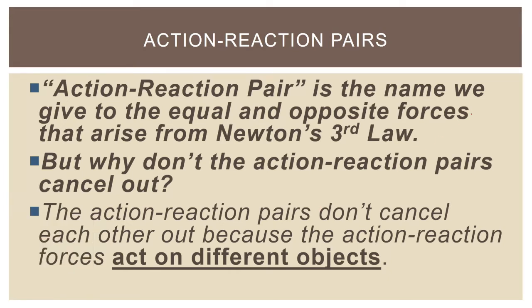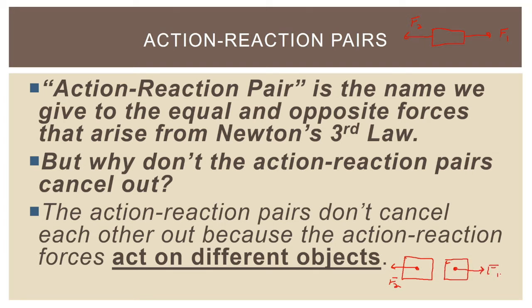When we're talking about this, a case where we have one object with two forces acting on it, which are equal in size but opposite in direction, versus a situation like this, where this object has a force acting on it like this, and this object has a force acting on it like this.